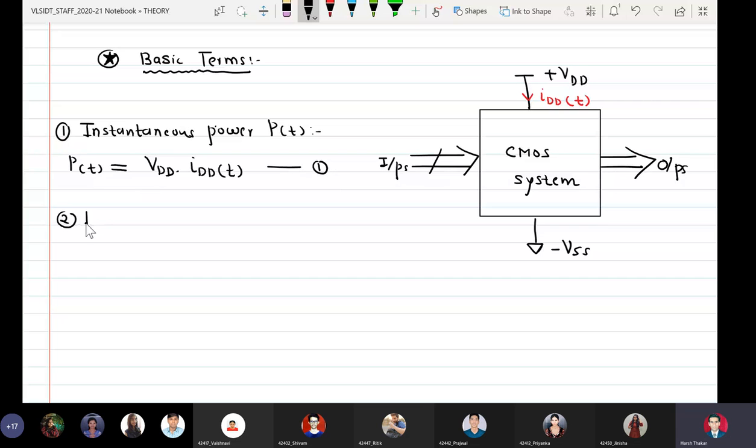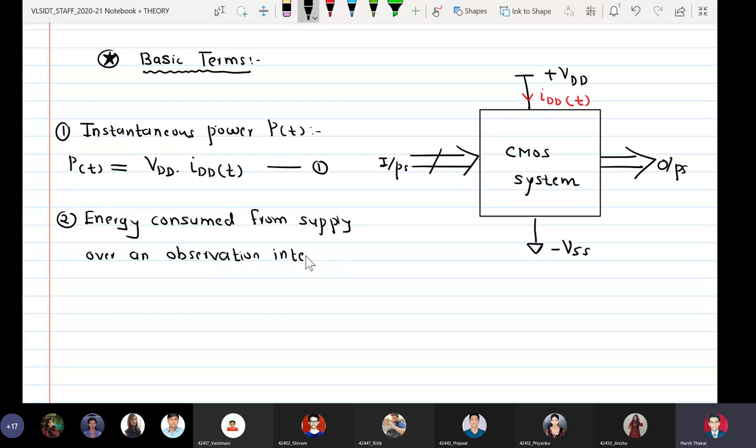The second important term is energy consumed from the supply over an observation interval T1.